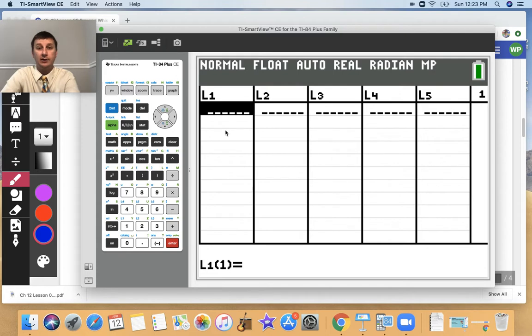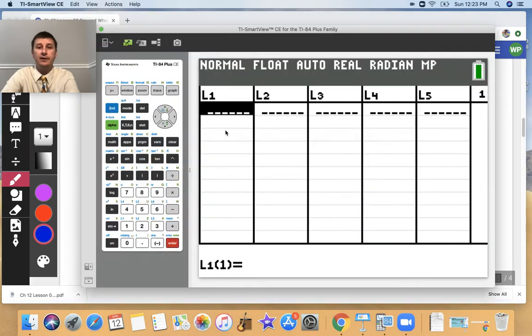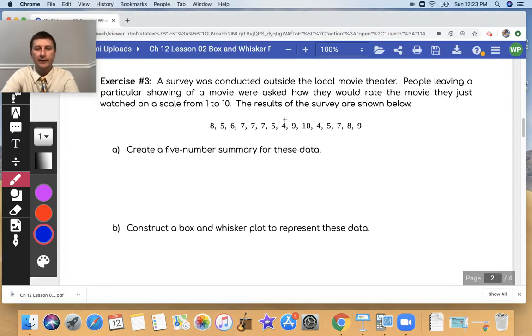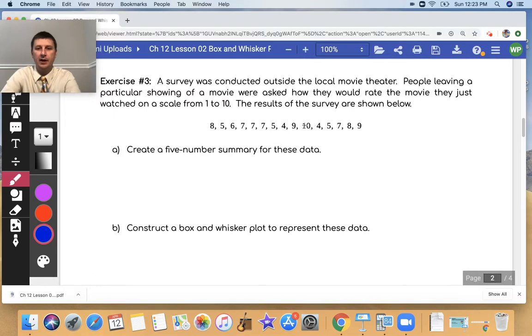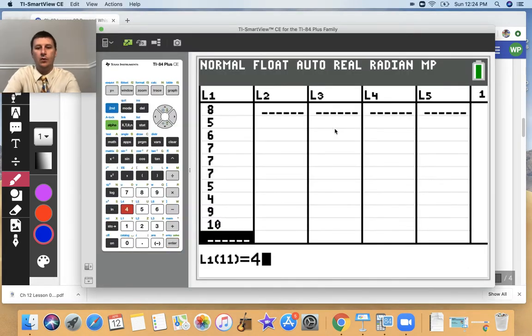Let's go back and take a look at some of our values that we're going to input. And we have 8, 5, 6, and then 3 sevens. And then we have 5, 4, 9. I don't want to do 2 at a time. Make sure I don't mess up. 10, 4, 5.